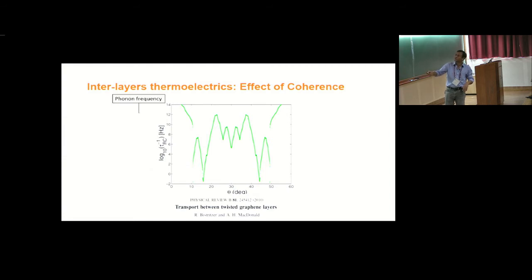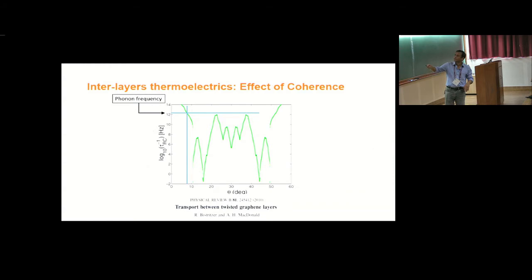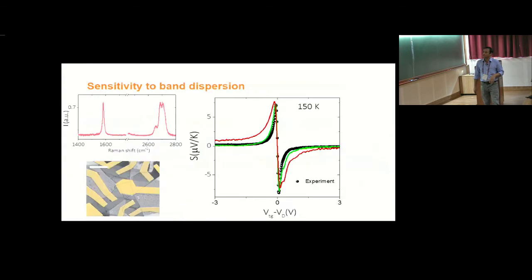If I take the phonon frequency, which is roughly here, then at this region, which is lower angle, lower than about 5-6 degrees, it's the coherence of the wave function that is more effective to take the electrons from one layer to the other, whereas when the angle is larger, it is the phonons which are more effective to take the electron from one side to the other. So that reasonably matches the experimental observation.